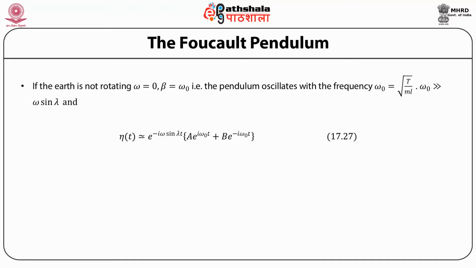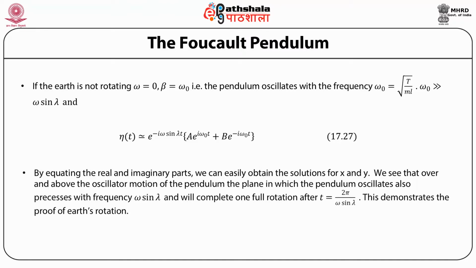That is, the pendulum oscillates with the frequency omega naught equal to the square root of T by m l. And for omega naught much greater than omega sine lambda, eta of t is equal to exponential minus i omega sine lambda t times a e to the power i omega naught t plus b e to the power minus i omega naught t. By equating the real and imaginary parts, we can easily obtain the solutions for x and y.